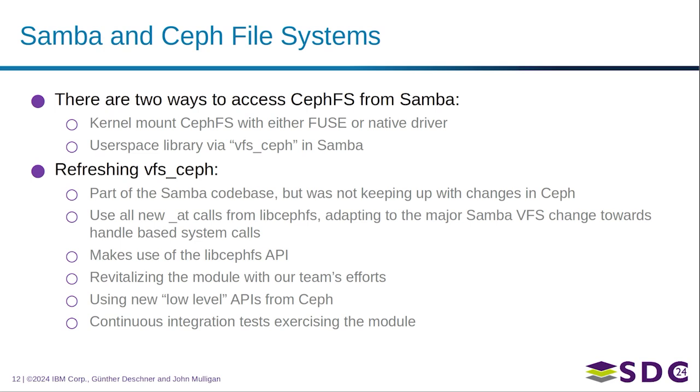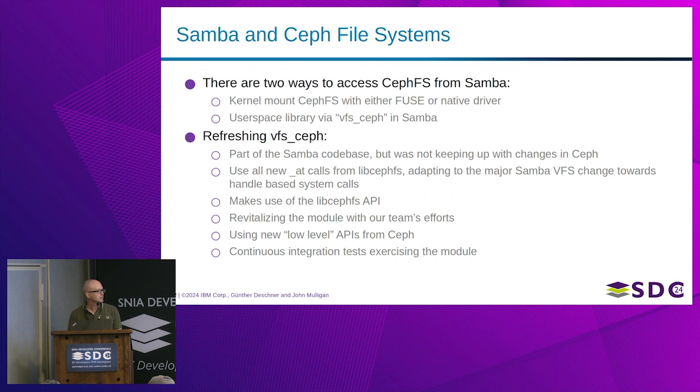Also, some of the NFS delegation work is exposed to some extent using that interface. So there is a lot of infrastructure available right now in libcephfs, I wouldn't say low-hanging fruit, that we want to leverage in one of the next steps. For that reason, we are mostly focusing on using the VFS Ceph module.